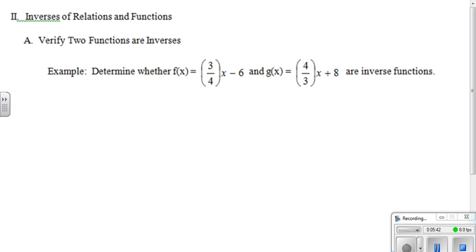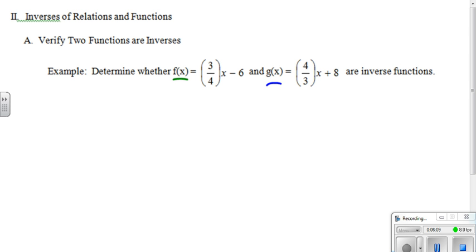If we want to know whether we have inverse functions or inverse relations here, if we need to determine whether f of x, which is 3/4 x minus 6, and g of x, which is 4/3 x plus 8, are inverse functions, we could graph them and see if they are mirrored across that y equals x line.